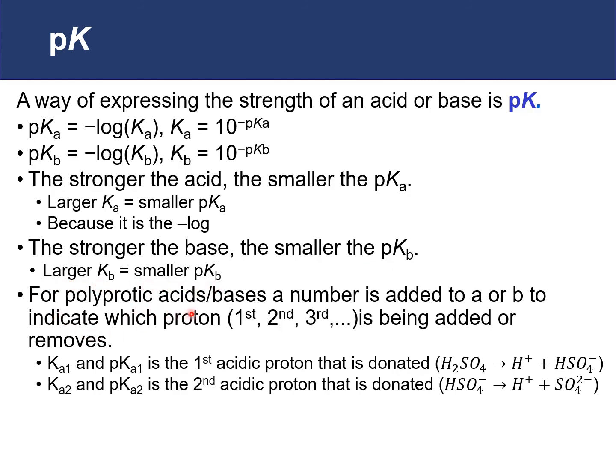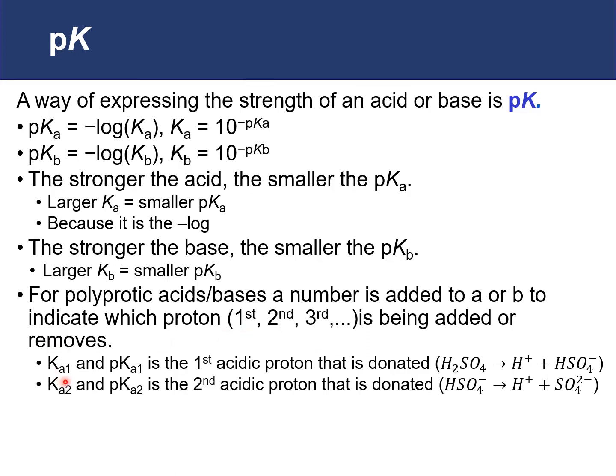For polyprotic acids and polyprotic bases, because they have a number of different acidic protons that they can either give off or receive, we're going to end up having multiple values for the Ka and the Kb. The way that we're going to represent those is with a first, second, or third value, right? So that would be a 1.